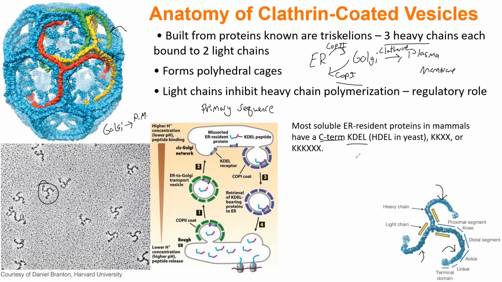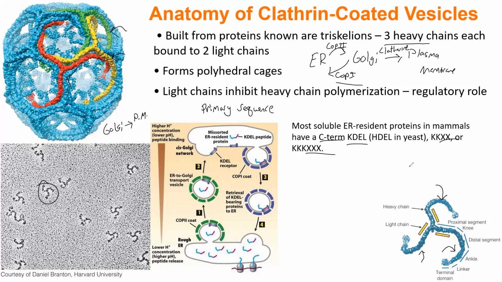And any protein that ends in KDEL, or it could be KK anything, or KKK anything, there's some variation in our sequence, but the sequences that end in this at the C terminus, that's how we determine which proteins are supposed to be in the ER. So that's how the cell can differentiate if a protein escaped the ER and is supposed to go back there.